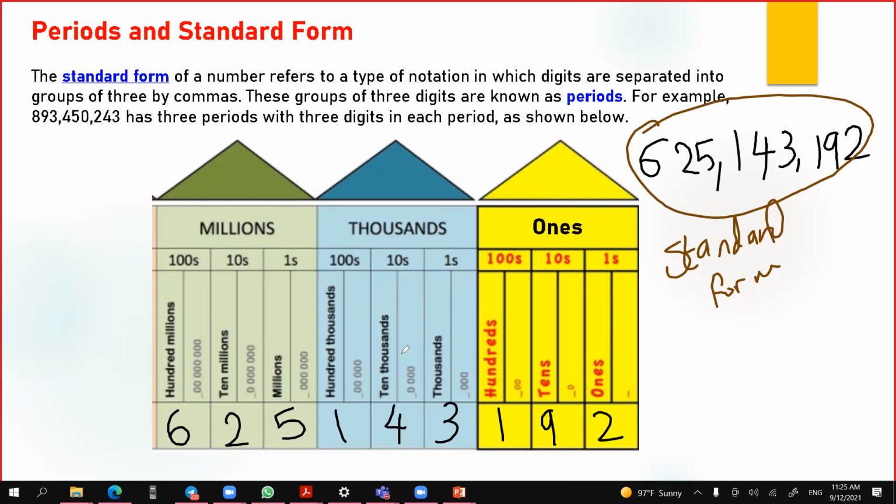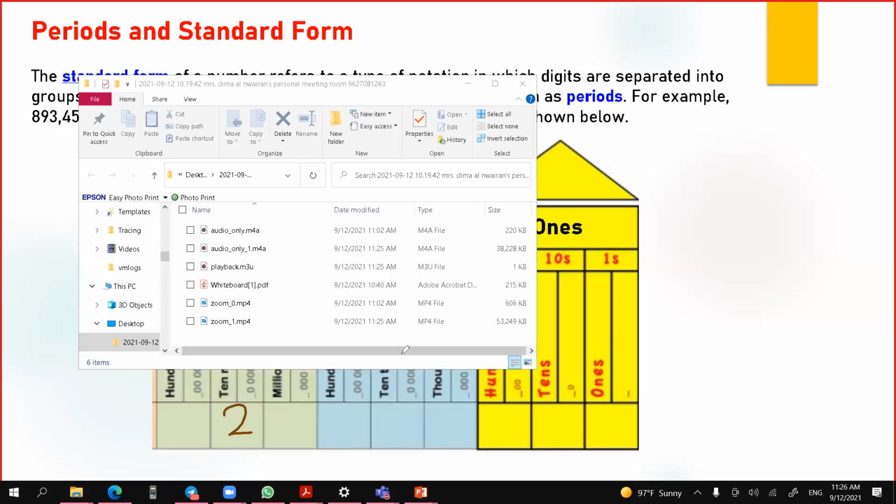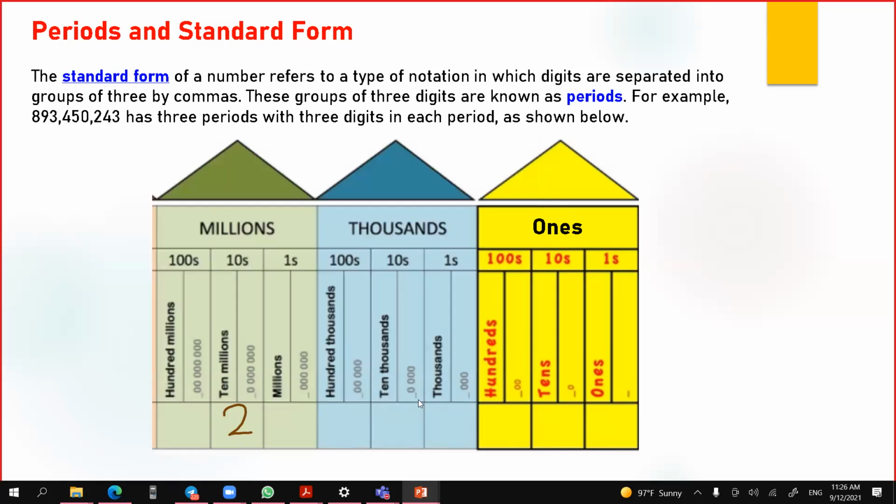Another example now. Now, let's read this number here. 25 million, 104,064.